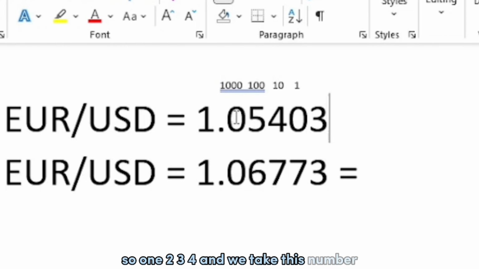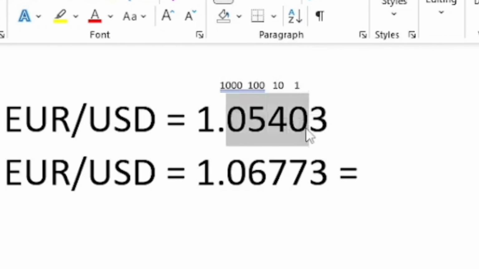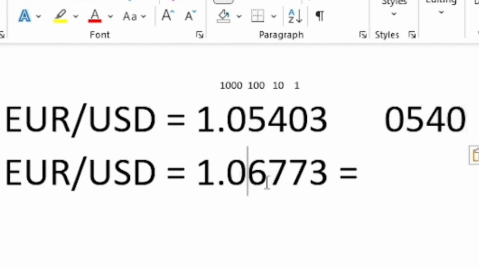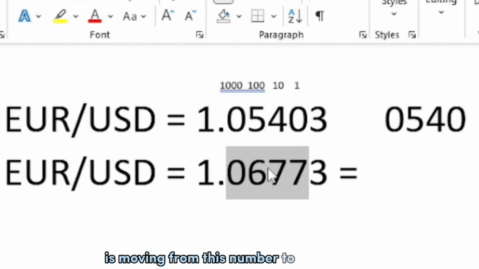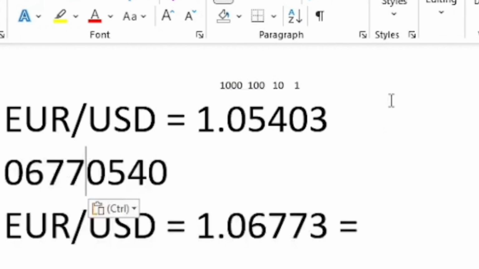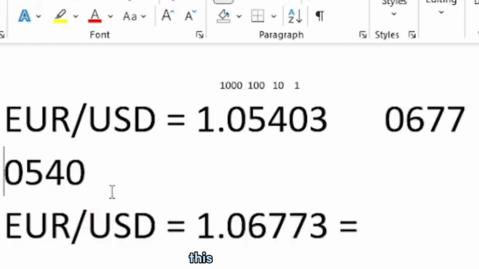And we take this number. Kind of looks a little weird, I know. It's okay. And this number. And by the way, it's moving from this number to this number. So we're going to subtract it because it's going up. Put this on top.